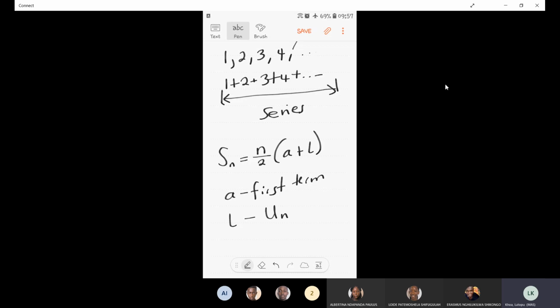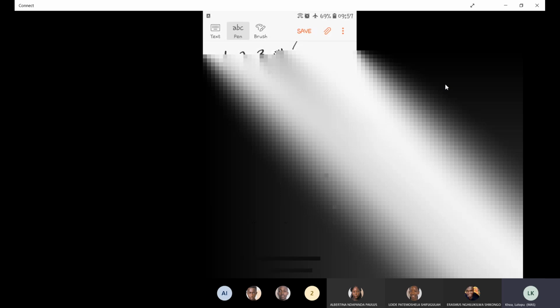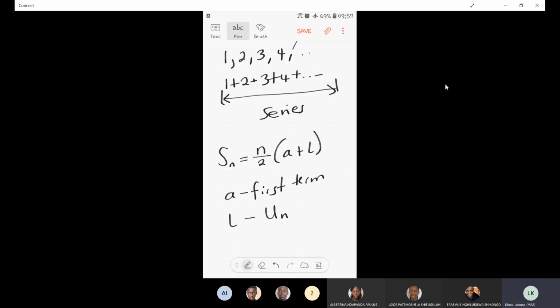So if I know that the first term is 5 and the last term, where I stop, is 15, for example, I will just substitute them over there, as long as I know how many terms I'm adding together. So this is one formula that you can use to work it out.